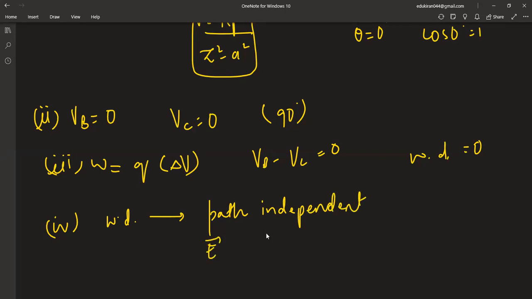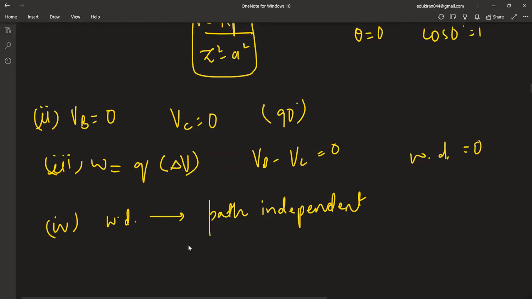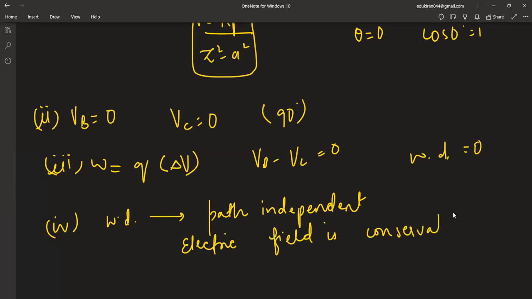I have discussed this earlier also in electric charges and fields: the electric field is conservative.